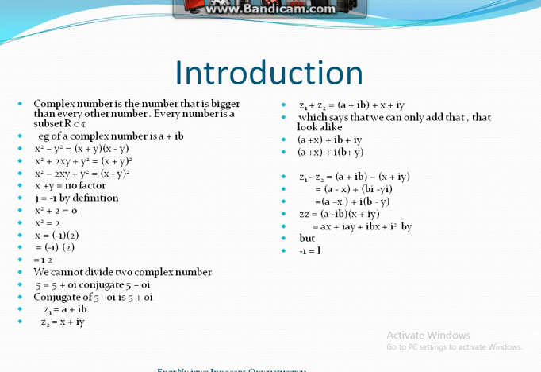We have ax plus iay plus ibx minus by. We now have, in bracket, ax minus by plus i, in bracket, ay plus bx.